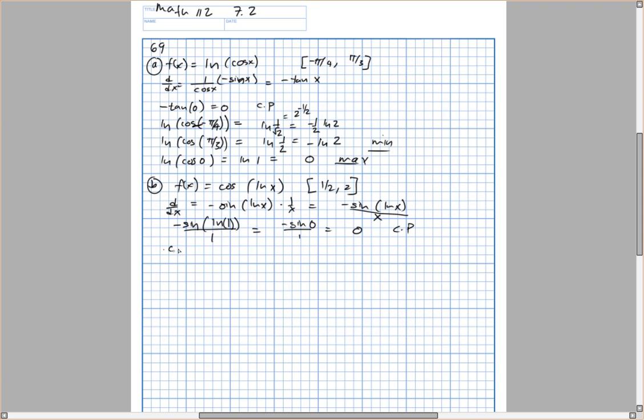We have cosine of natural log of 1/2, our lower bound. 1/2 is just cosine of negative natural log of 2, and because cosine is even, we know that we just have cosine of natural log of 2, whatever this happens to be. Cosine of natural log of 2 is exactly what we had before.